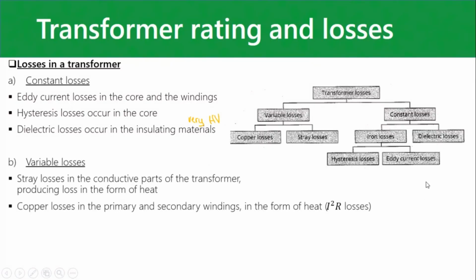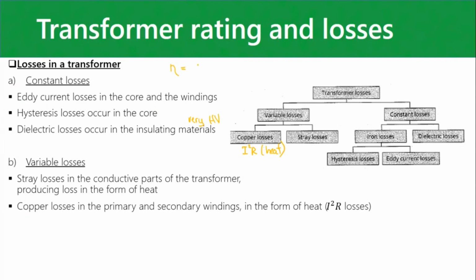So variable losses are mainly I squared R, or heat losses in the windings. Those are the ones we can really calculate. So that's why transformers aren't 100% efficient. And remember with efficiency, we're not talking about comparing voltages like we did with regulation.